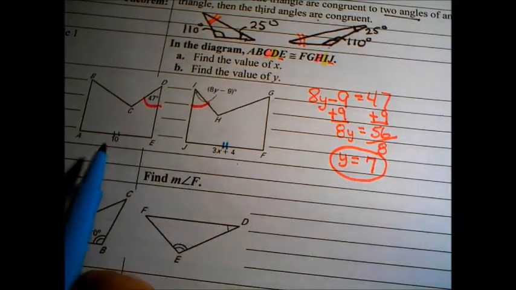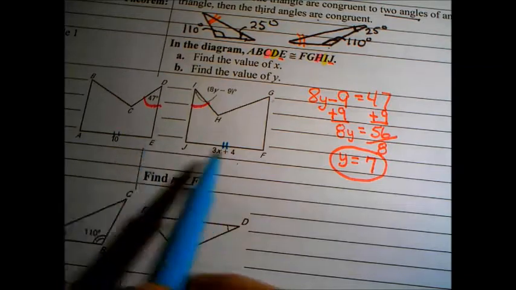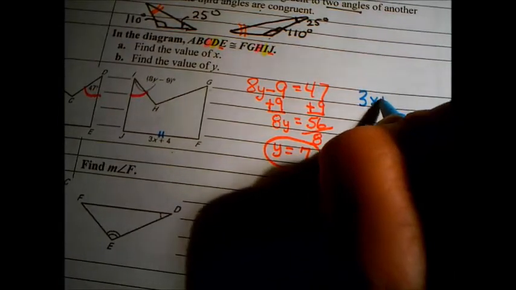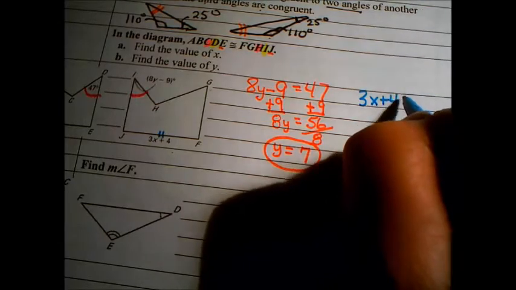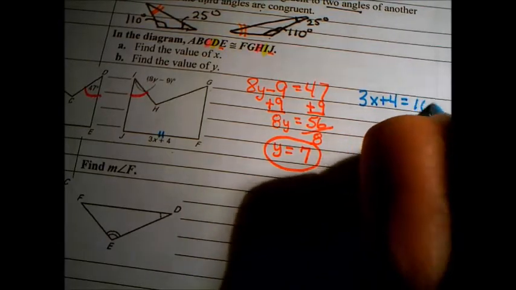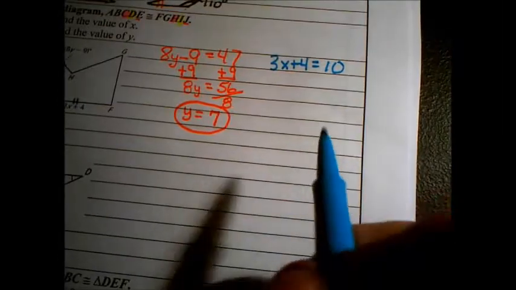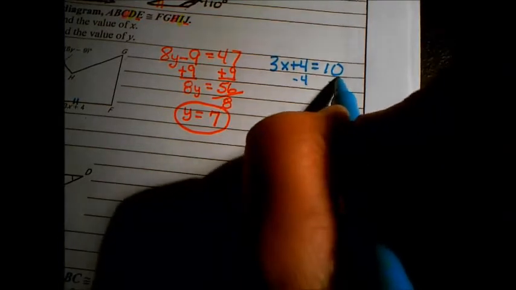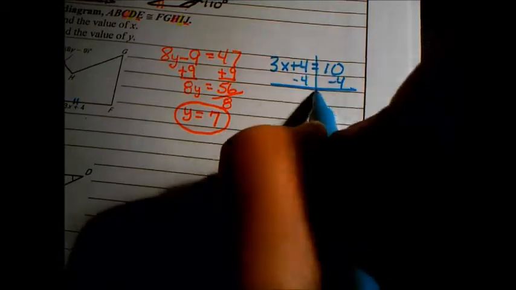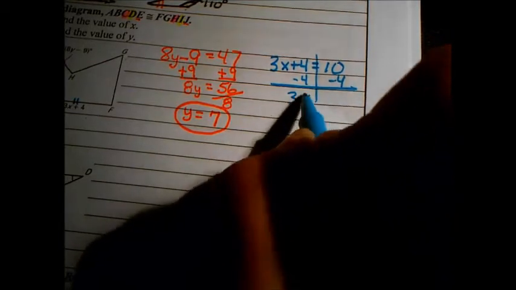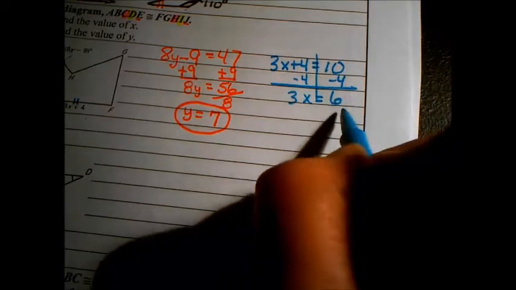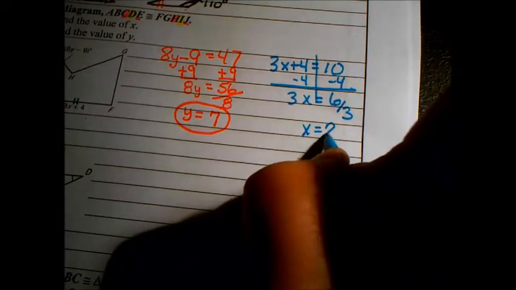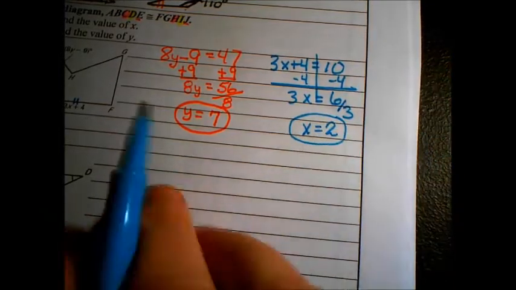Those are corresponding sides, so they equal each other. So I have 3x plus 4 is equal to 10. I want to subtract 4. That gives you 3x is equal to 6, and then divide by 3, and x is equal to 2. And there's your two answers.